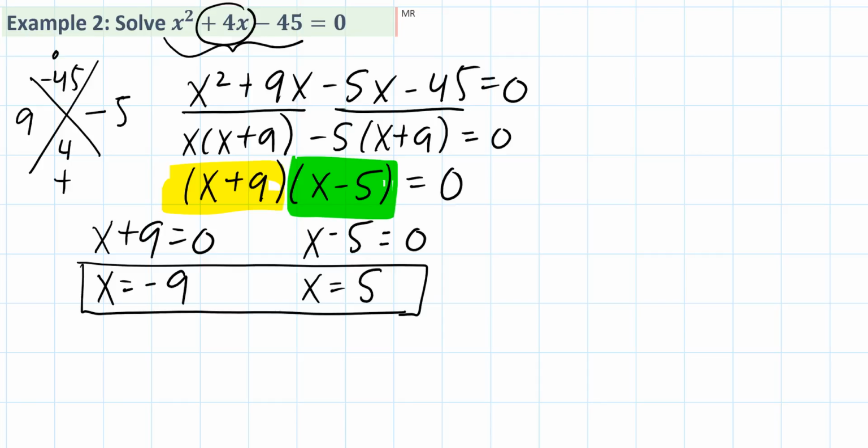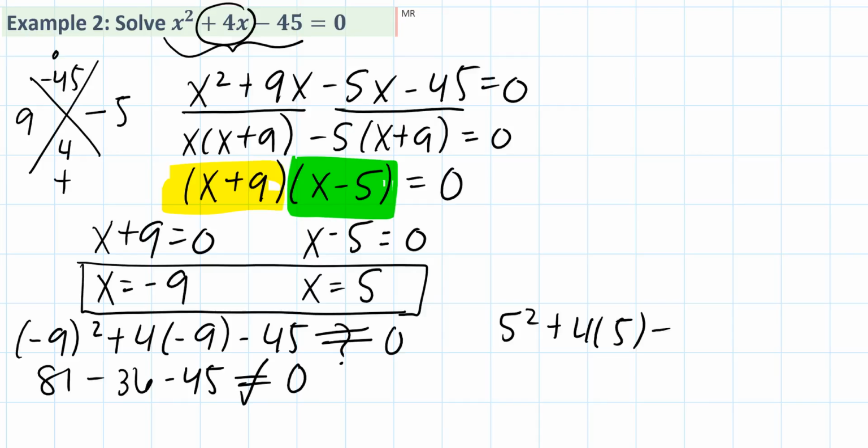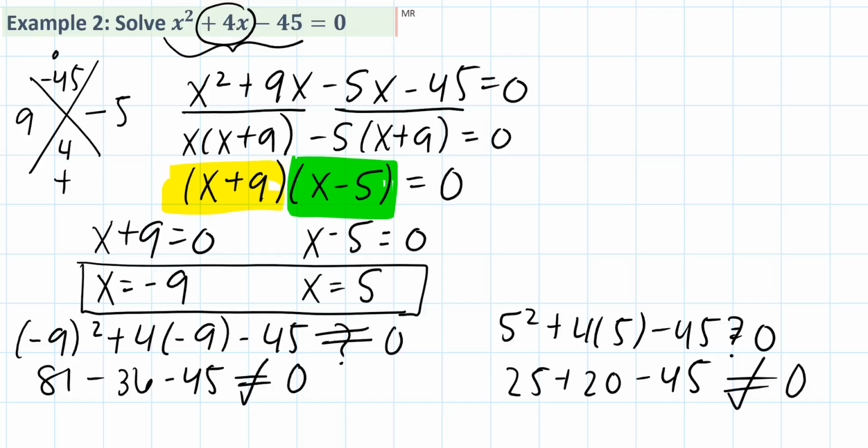Again, if we want to check, we'd have negative 9 squared plus 4 times negative 9 minus 45. We think that should be 0. Oh yeah, indeed. Go ahead and check it out. It works. And the same would be true over here. We hope that 25 plus 20 minus 45, oh yeah, indeed, that'll give us 0.